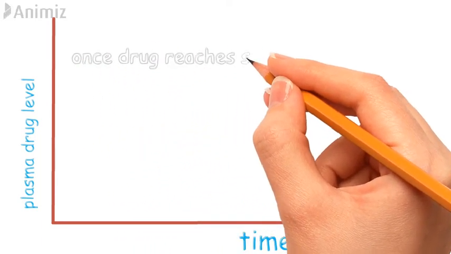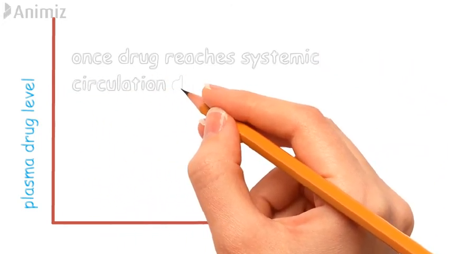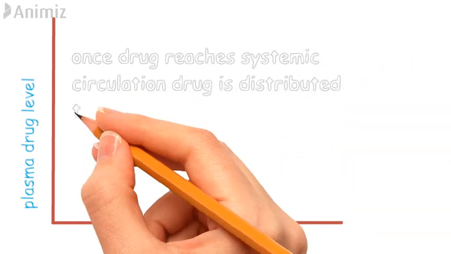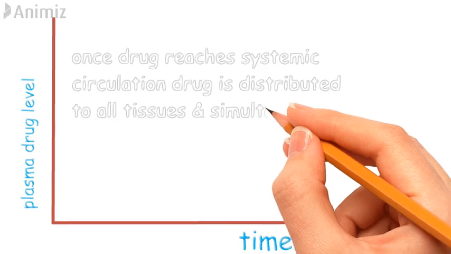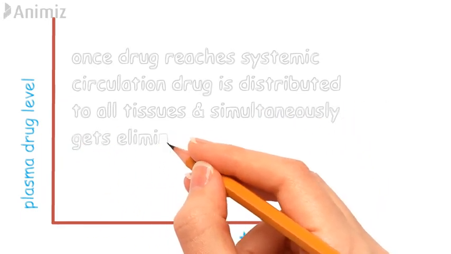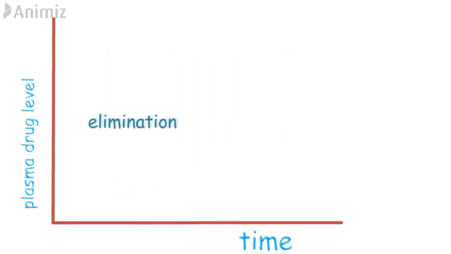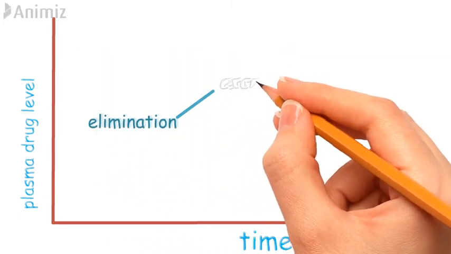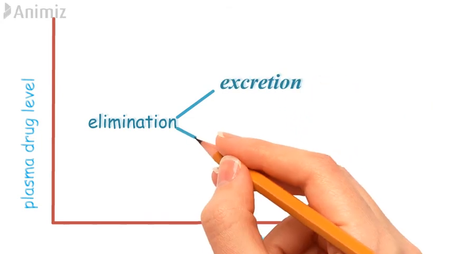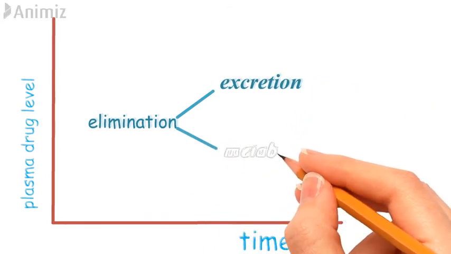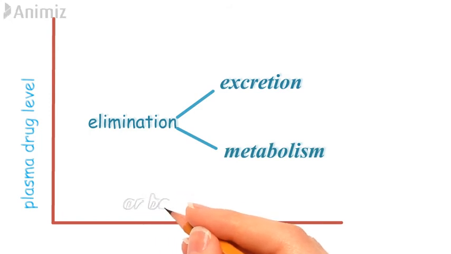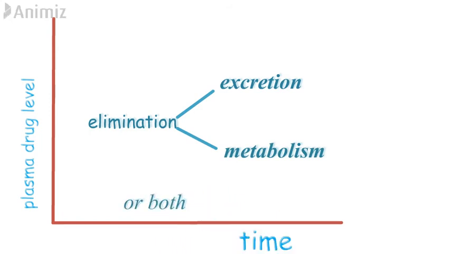Once the drug is administered into the body, it reaches systemic circulation, then the drug is distributed to all the tissues in the body and is also simultaneously being eliminated. Elimination can be through excretion and biotransformation or metabolism, or a combination of both. Other elimination mechanisms may also be involved, like elimination in feces, sweat, or exhaled air.